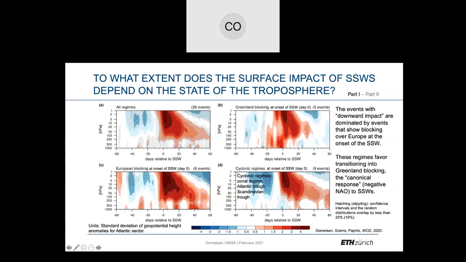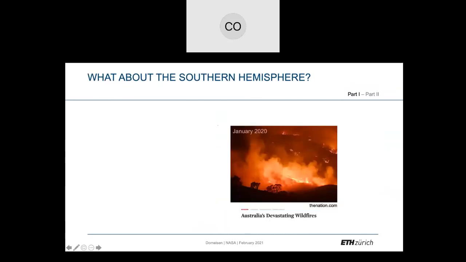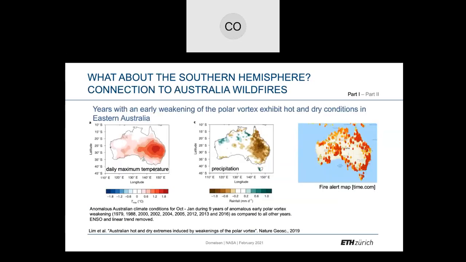So I've talked a lot, as I said, about the northern hemisphere now. So what about the southern hemisphere? I showed you this example of the wildfires in Australia. And there was this nice study by Lim, where she did composites of all the different times when the vortex in the southern hemisphere had been breaking down early.